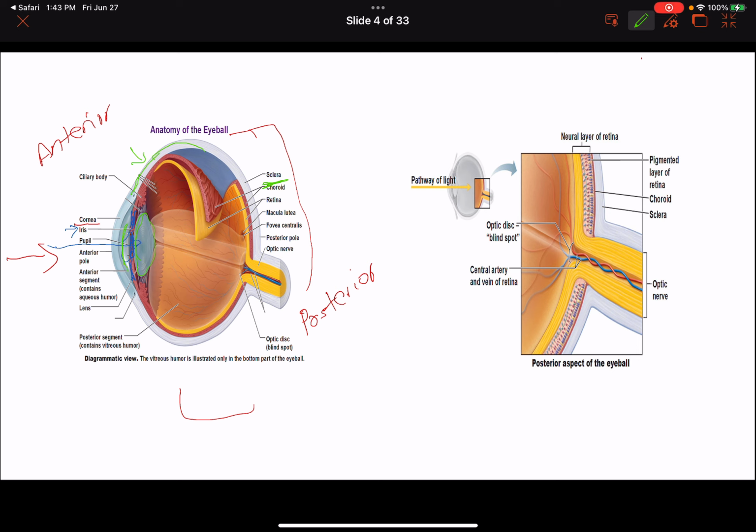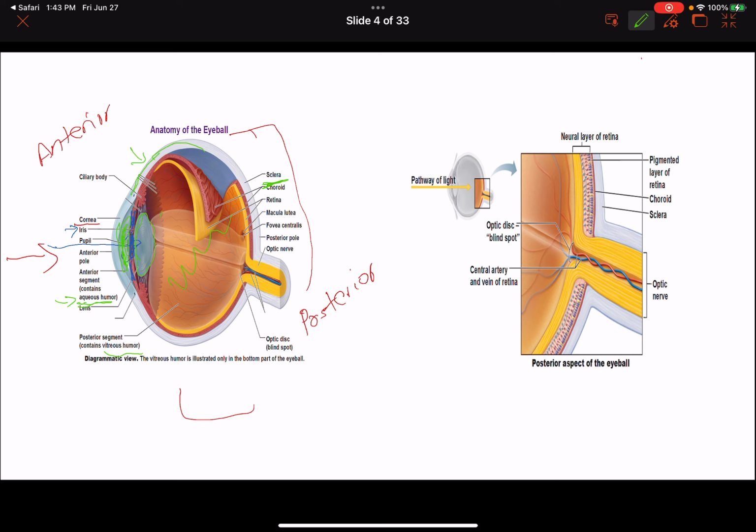This chamber-like cavity is the anterior segment, and it contains something called aqueous humor. Then this is the posterior segment, behind the lens. This contains vitreous humor.